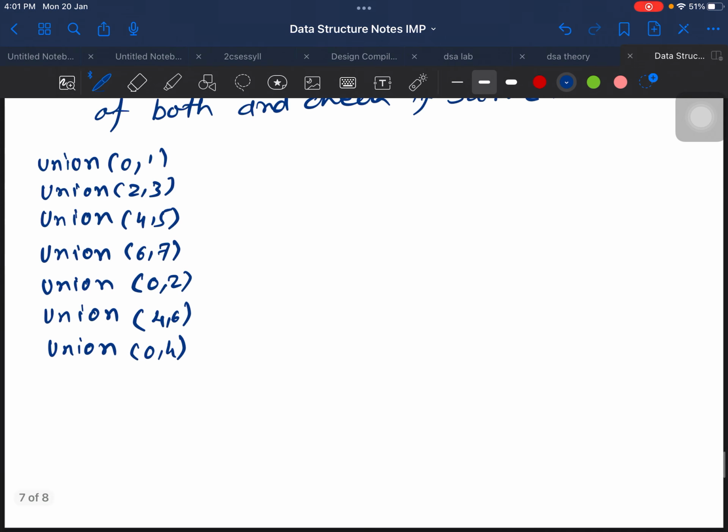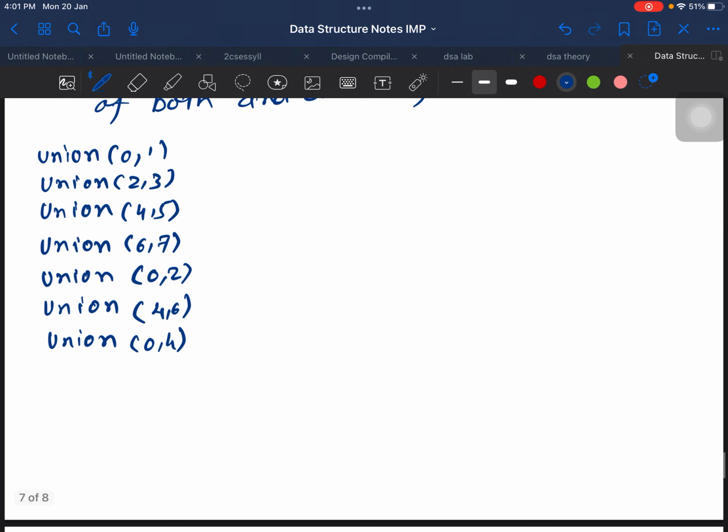Now I have to represent these operations with the help of two things. One is graphical representation and the second one is array representation.